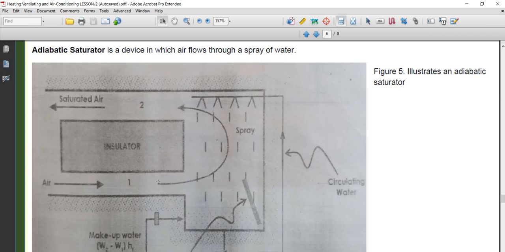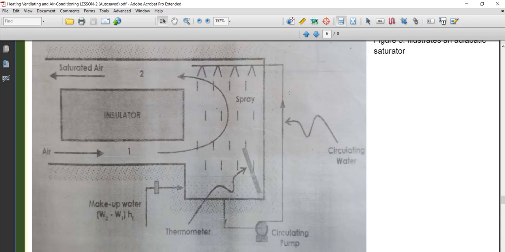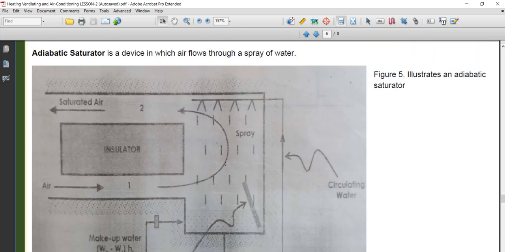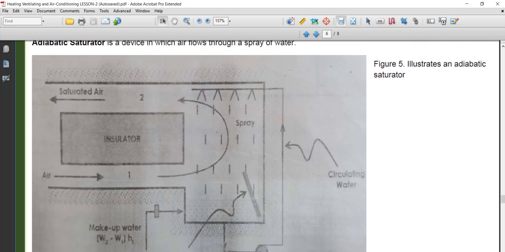The entering air is sprayed by circulated water. The air gets moisture from the circulated spray water, and the air becomes saturated as it passes through the spray of water.